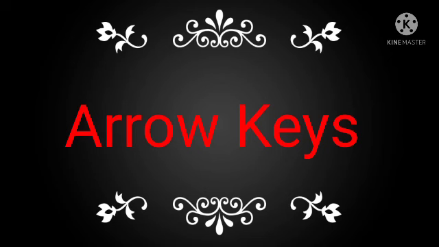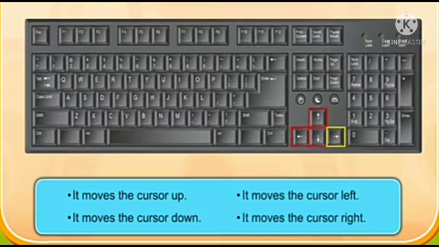Okay children, now let's see the next type of keys, that is arrow keys. Children, these keys are also called cursor keys. You have 4 different types of arrow keys in a keyboard. In the picture, see clearly, I have marked them in red color.